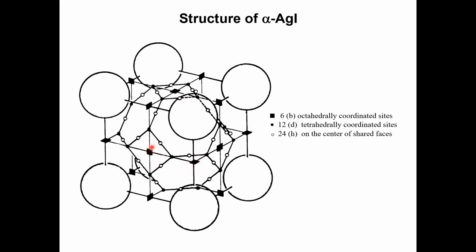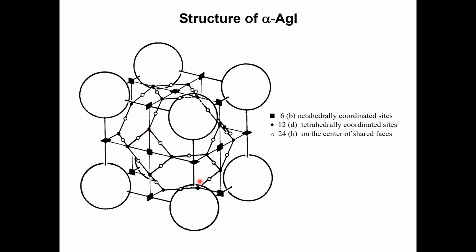these will count as 6 faces, and these will count as the other 3. Okay, so there are a total of 6 octahedrally coordinated sites per unit cell. There are 12 tetrahedrally coordinated sites shown as solid circles. On each face, there are 4.